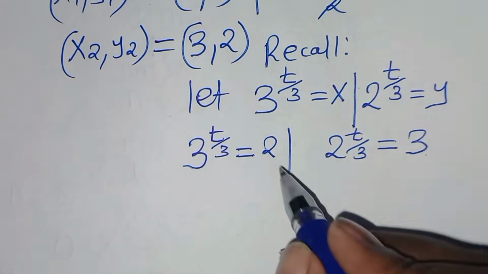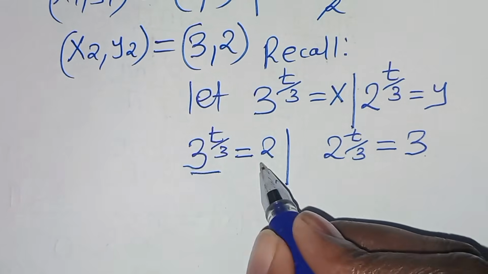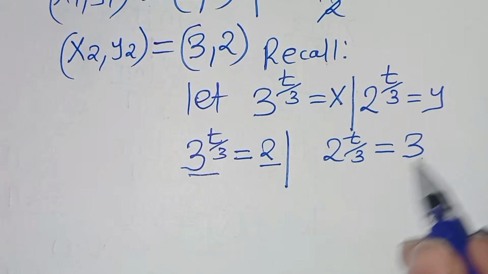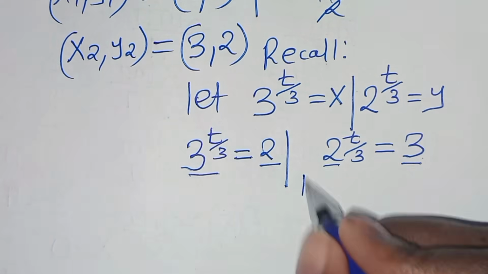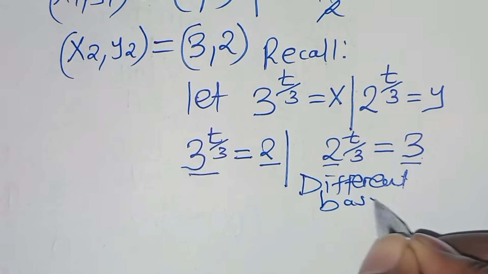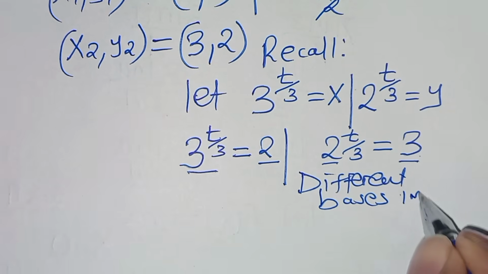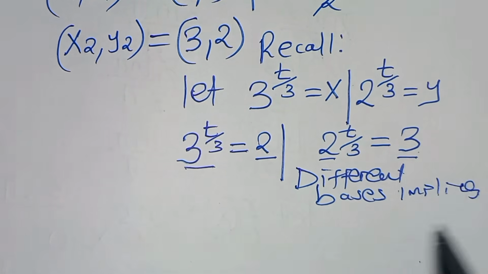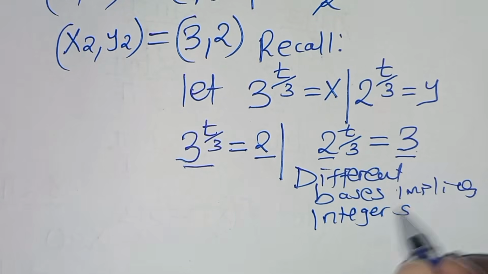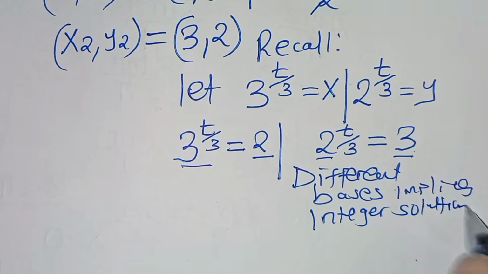So you can clearly see here, we have got different bases. We have a base of 3 here and a base of 2, and here we have a base of 2 and a base of 3. So due to the different bases, this implies that we cannot obtain an integer solution from this set of solution.